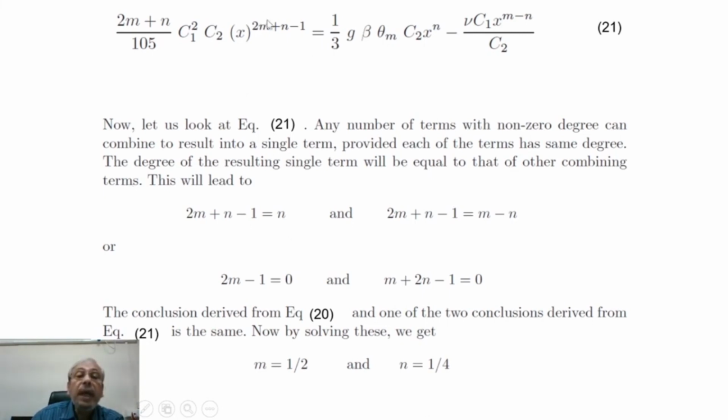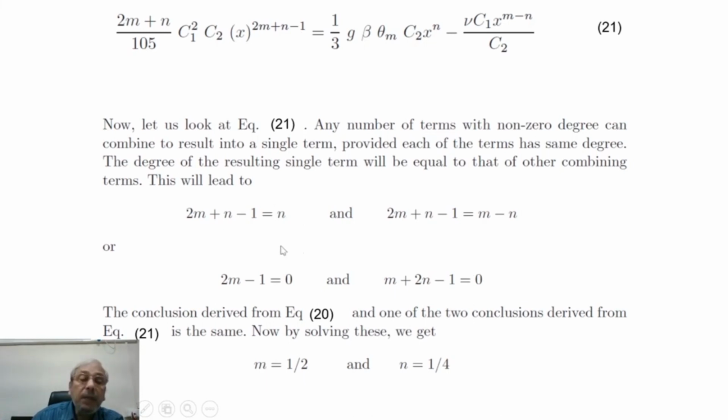So we will get twice m plus n minus 1 equal to n, and twice m plus n minus 1 equal to m minus n.